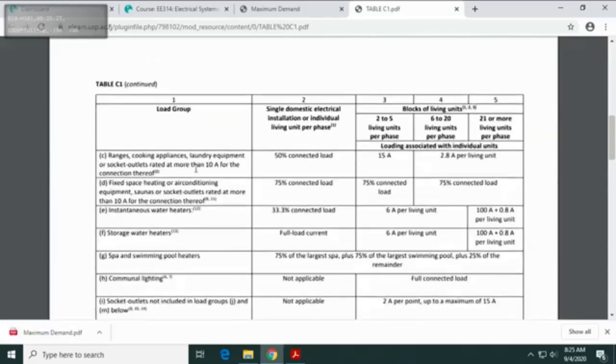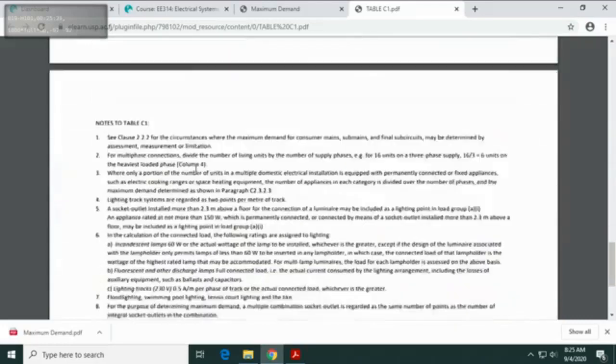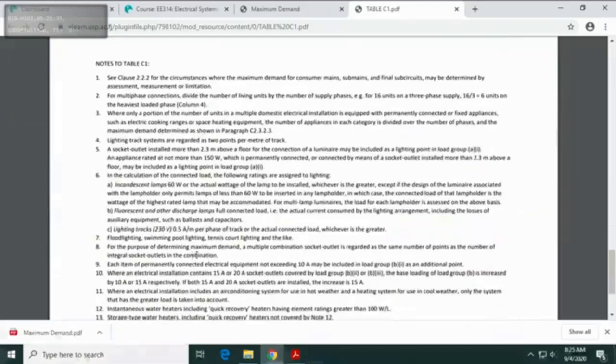So how many points will the 9 by 10 amp socket outlet contribute? To find the points, here the socket outlet is regarded as the same number of points as the number of integral socket outlets in the combination. So it's the same number of points, that means we have 9 socket outlets, that means 9 points.